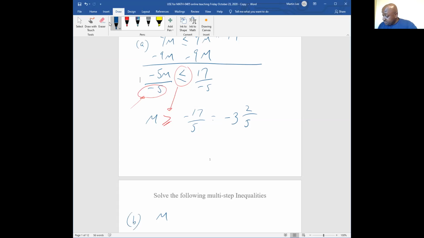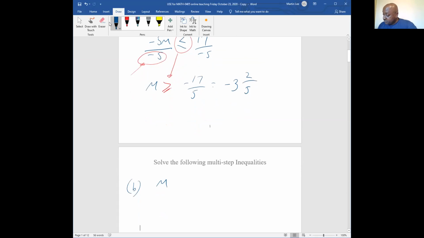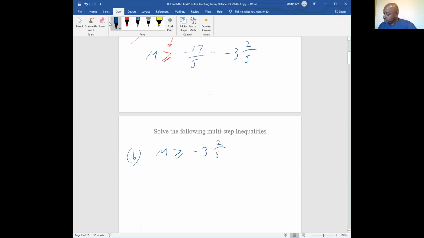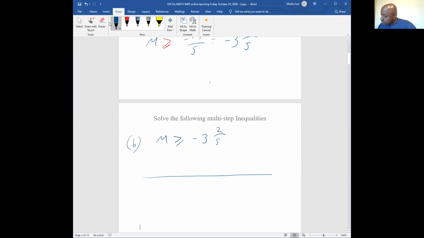Now for B, where we have to graph this on a number line, this is m is greater than or equal to negative 3 and 2/5. So here's a number line: 0, -1, -2, -3, -4, 1, 2, 3. -3 and 2/5 is somewhere in here.